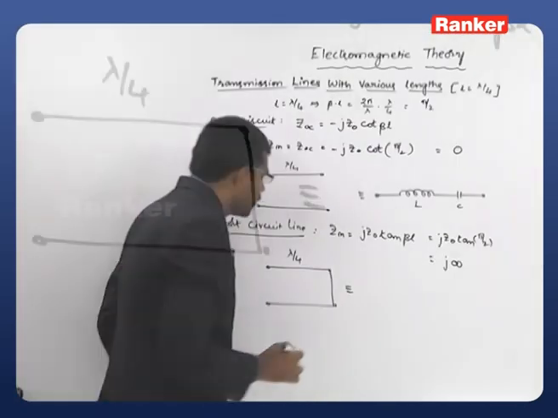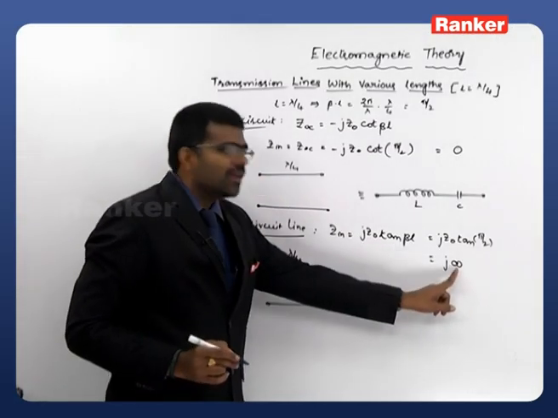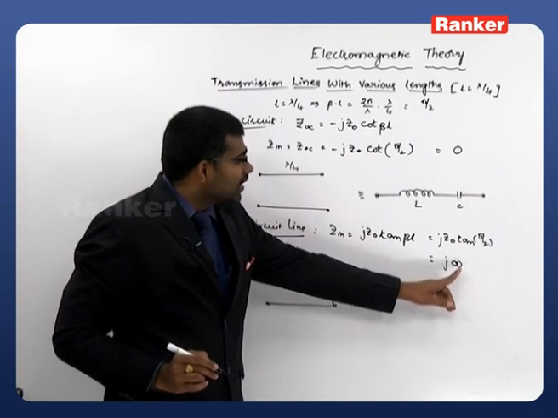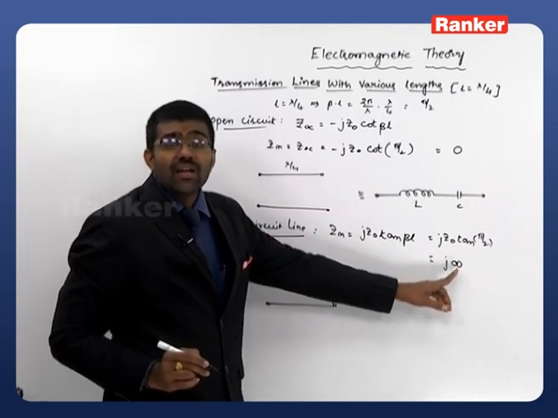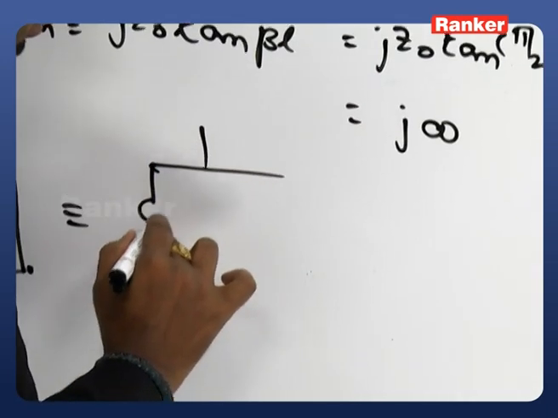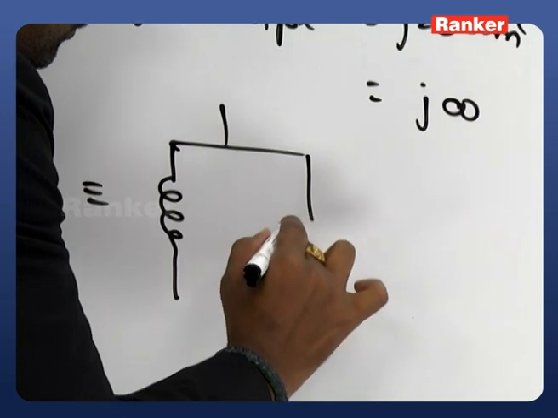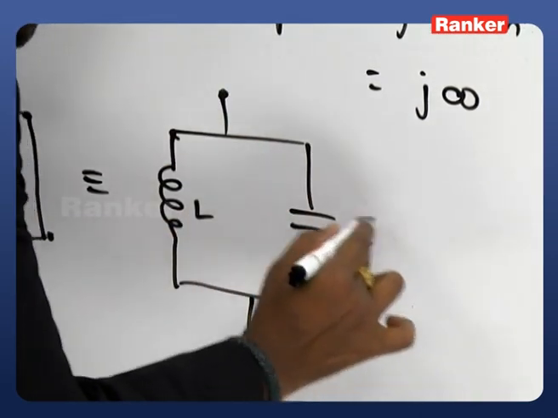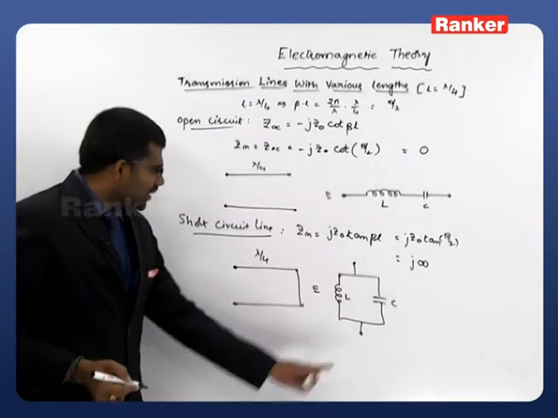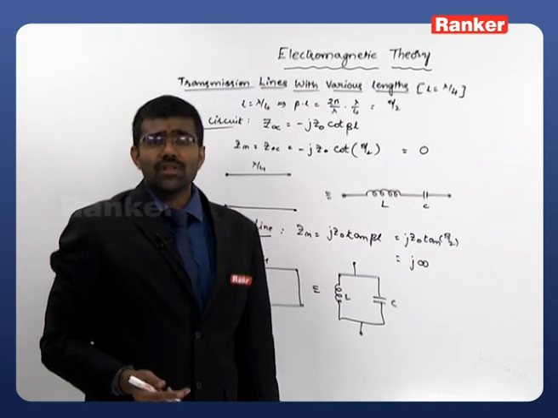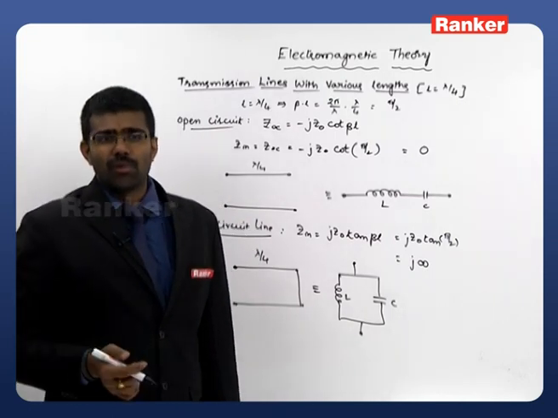Whenever it is short circuited, the impedance we are observing is infinite. Since the impedance is infinite, clearly this can be replaced with a tank circuit, a parallel LC circuit. So whenever a parallel LC application is required, you can take a short circuit transmission line with the peculiar length lambda by 4.